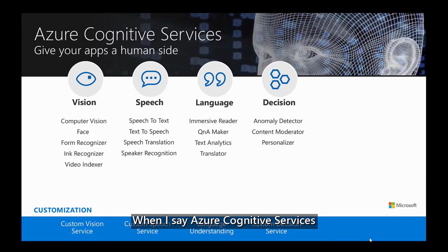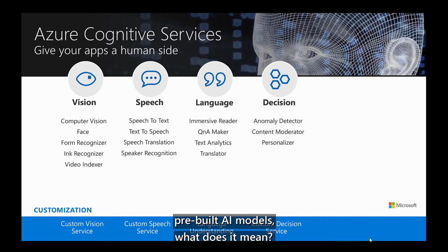When I say Azure Cognitive Services, pre-built AI models, what does it mean? The question you might have is, will it serve my use case? Where does the data reside? Does Azure store the data? Let us discuss those things. The first thing is, no, we do not store your data when you use these cognitive services.